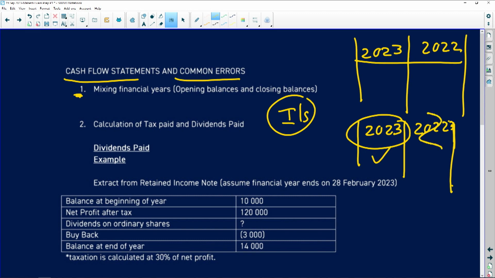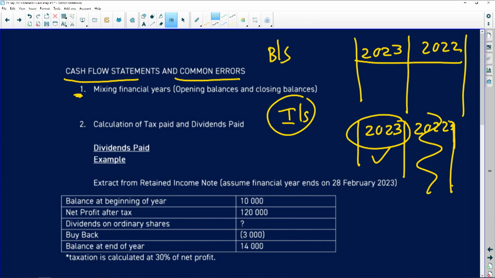You don't really need the previous year unless there is a specific question that requires you to look at the previous year. But generally, it's only the current year. Okay. For the statement of financial position, the balance sheet, obviously here we need both years.